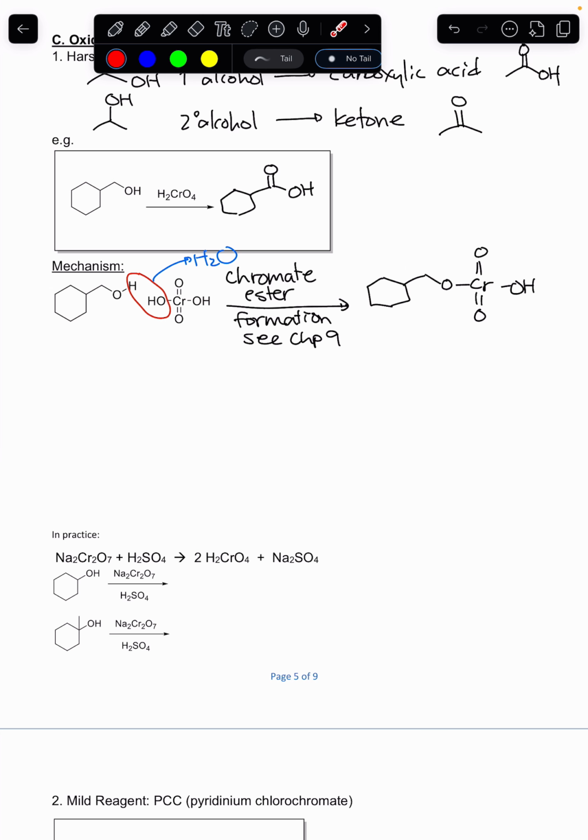Okay, this is a, maybe I should not point to this, I should point to this. This is a chromate ester, as opposed to a carboxylic ester. Okay. All right. Now, once we get to this step, and again, eventually I want you to be able to write out the entire mechanism after chapter 9.